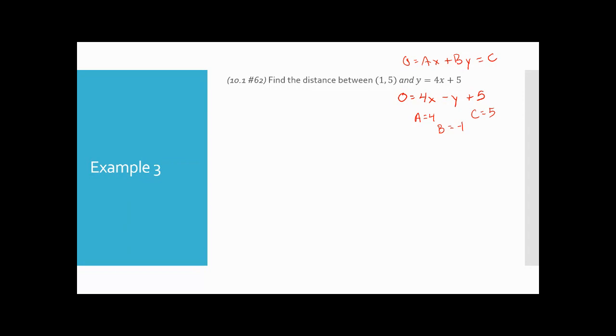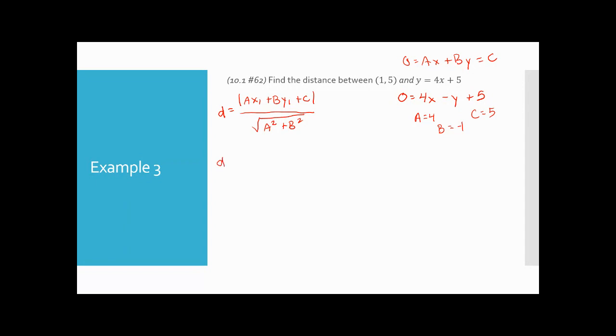Now to find the distance between the point and the line, we're going to plug it into our formula. Our formula is d equals the absolute value of ax1 plus by1 plus c over the square root of a squared plus b squared.